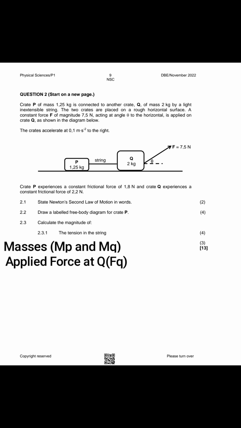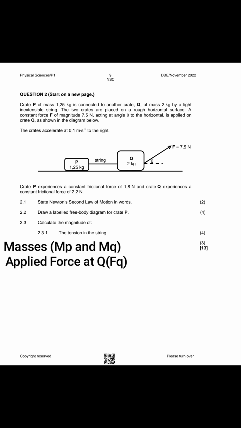The statement then gives us an applied force at crate Q, which can be represented by FQ or F applied. It should be noted that this applied force we are given, which is 7,5 newtons, is only acting at crate Q.